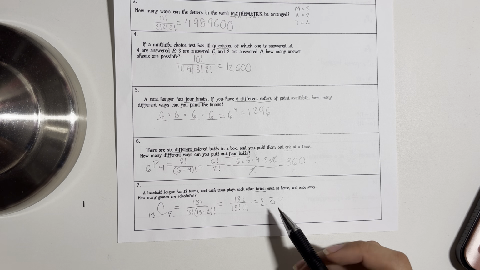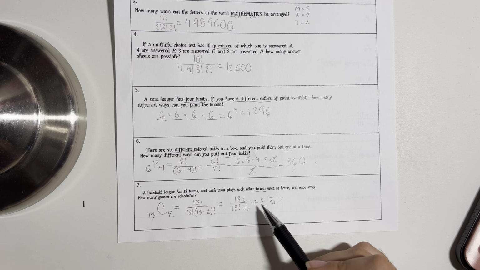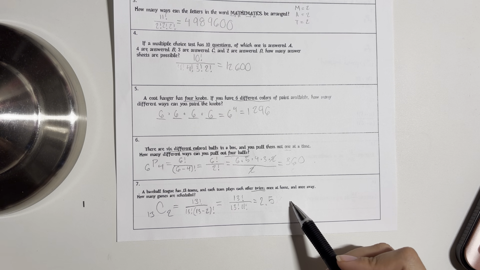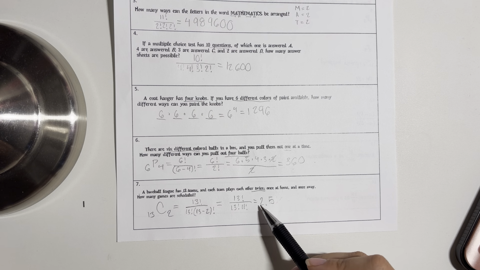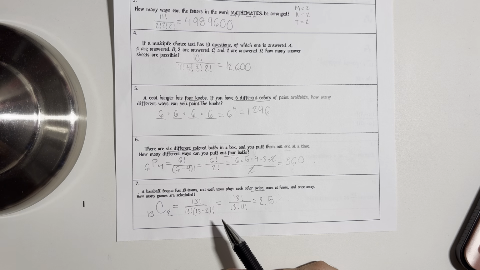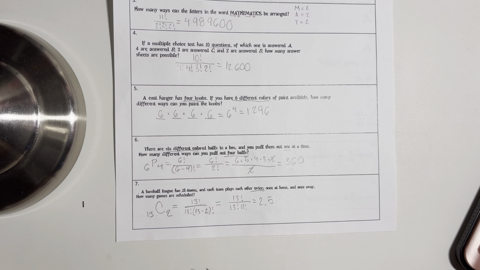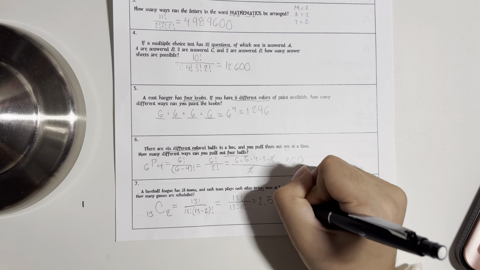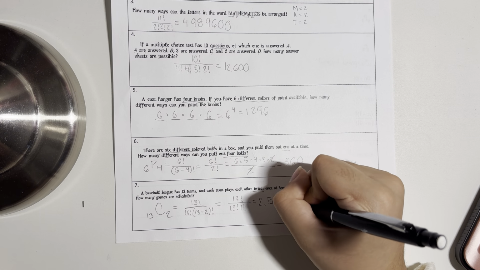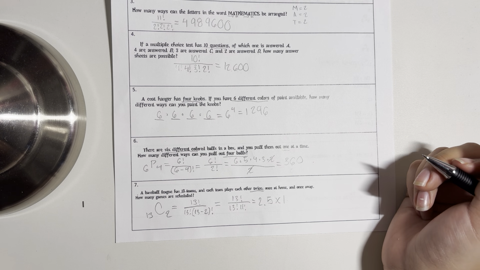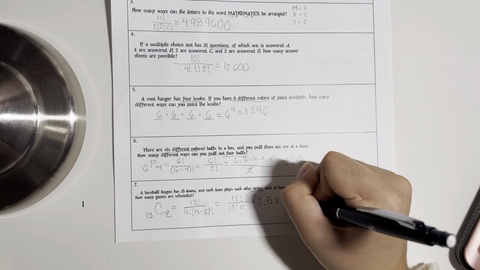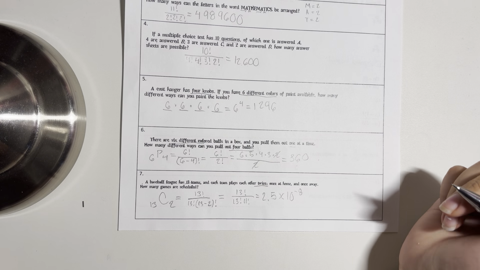So the whole number, the complete number, would be 2.50521, and I'm just going to shorten it to 2.5. I don't know why I forgot the name of this technique. So it would be 2.5 times 10 to the power of negative 8.